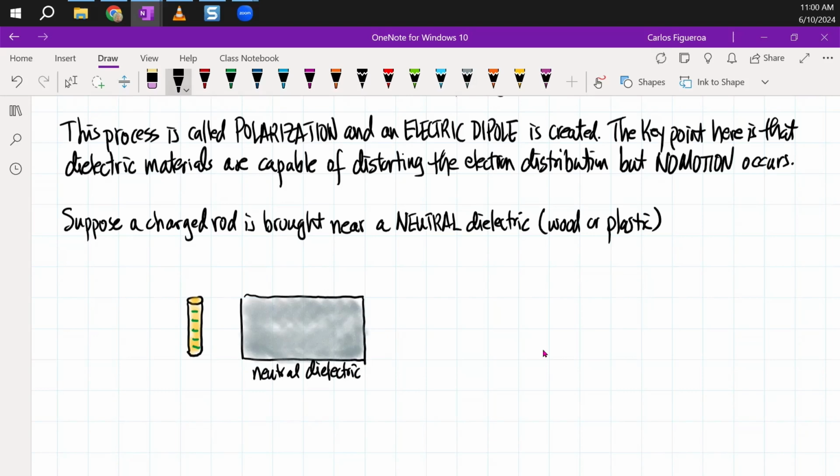And what I mean by neutral here is that I could form an atom, and what I mean by neutral is that I have symmetric charges. Okay, I have symmetric charges. So that means their center of masses is going to be right here.